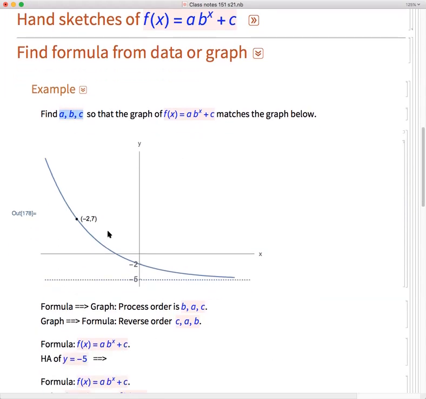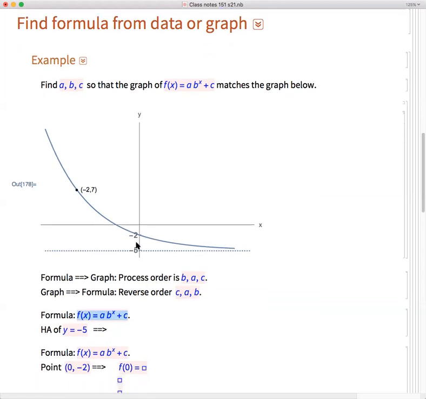So we're going to reverse what we did in our processing last time. When we were given the formula, we first focused on what the b was, then the a, and then the c. But going in reverse, when we're given the graph and asked to come up with a formula, we're going to process the numbers in the reverse order. We're told explicitly that this graph has a formula of this form.